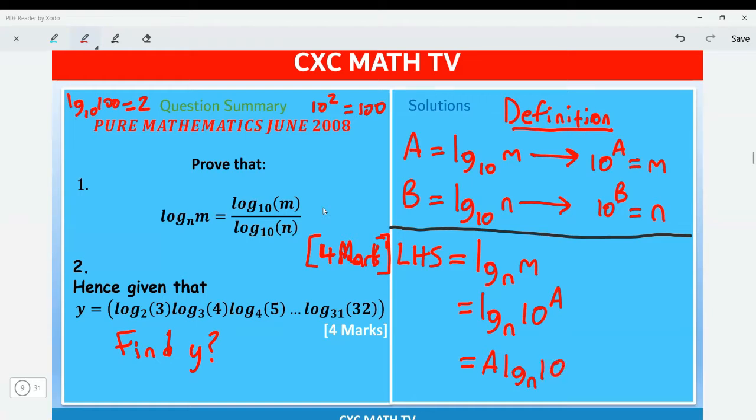Cool. Now, if we remember correctly, log base n of 10 can be rewritten as 1 over log base 10 of n. That's true. If you don't believe me, I'm going to bring up my calculator to verify it with some numbers.